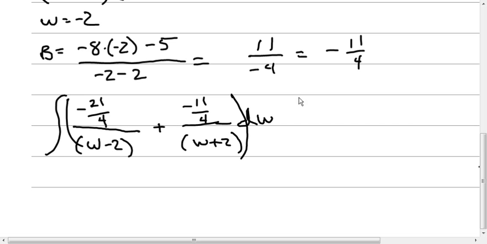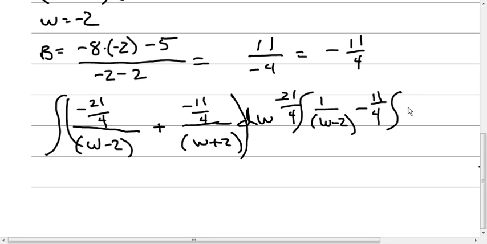We can write this as minus 21 fourths times the integral of 1 over W minus 2, minus 11 fourths times the integral of 1 over W plus 2, and of course a couple of dW's in both of these.